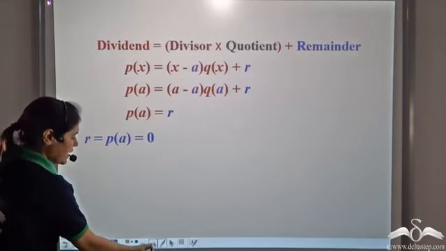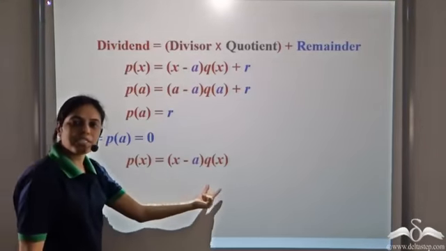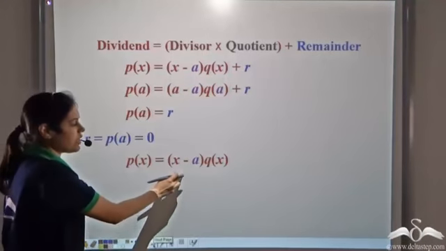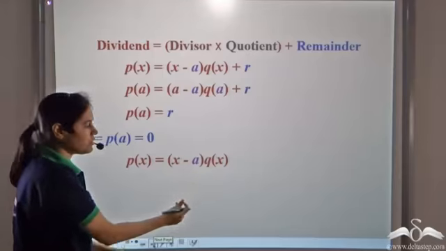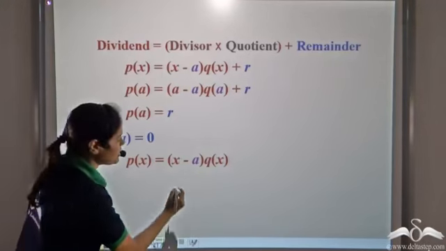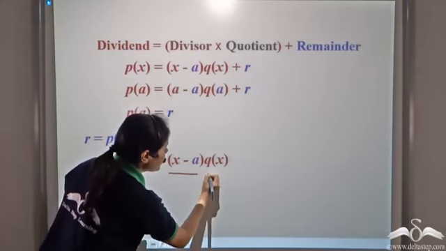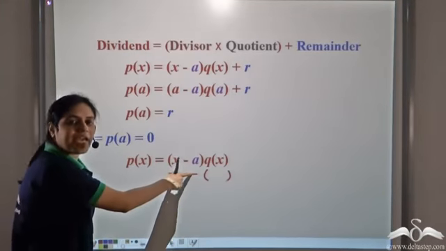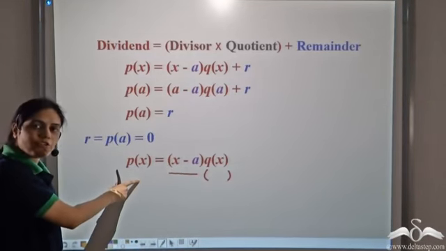So we'll have p(x) is equal to (x minus a) into q(x), because r is 0. So p(x) is x minus a into something, or we can say that x minus a is a factor of p(x).